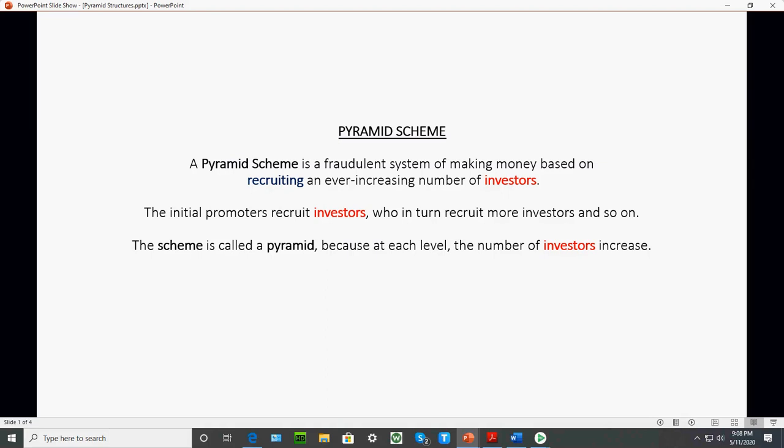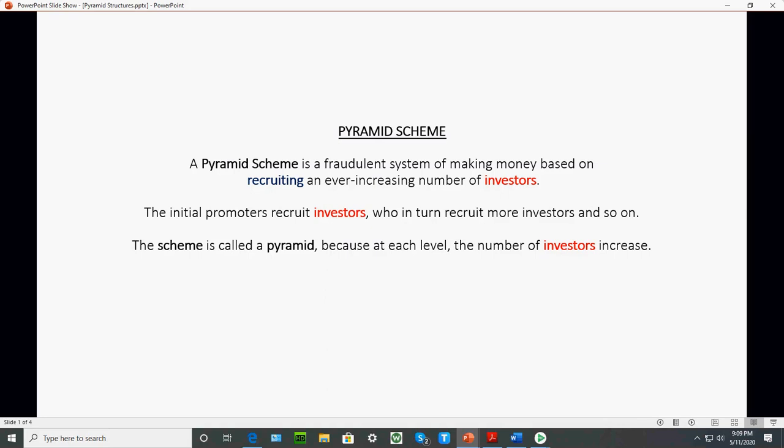So before we even get into the process, I just want to go over what a pyramid scheme really entails, because most people don't know what it really is, and so they confuse it with platforms and programs where you have to invite or recruit people into something, and that's the first thing that comes to a person's mind: a pyramid scheme.